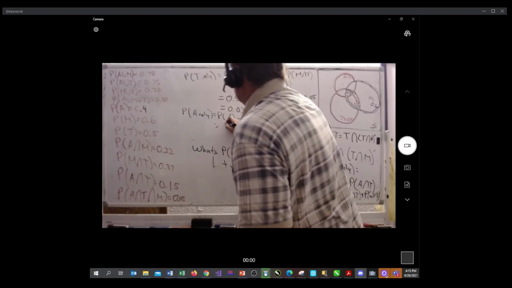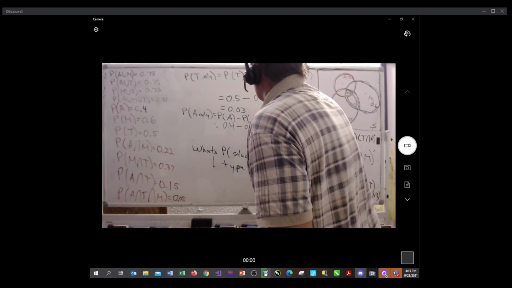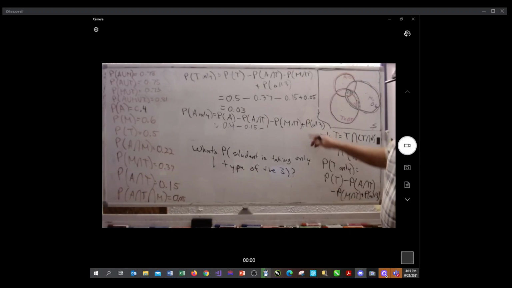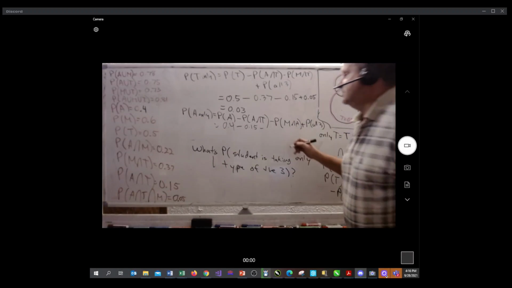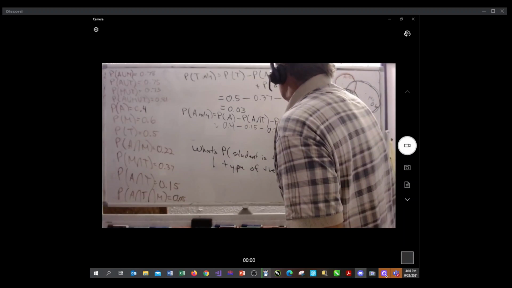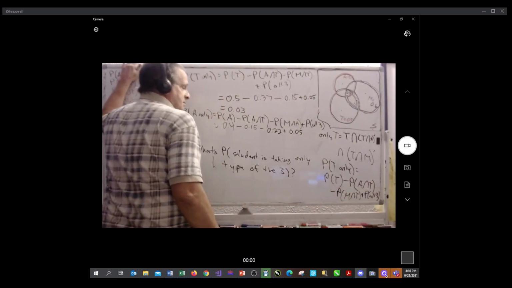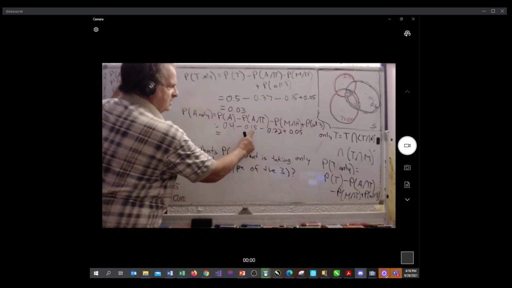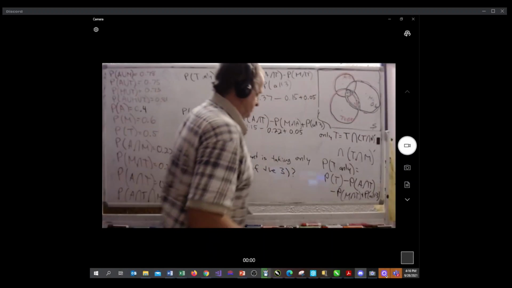What's A? 0.4? Minus A intersect T, what's that? 0.15? Minus, what's M intersect T? No, M intersect A, I'm sorry. What's M intersect A? 0.22? Yes. Plus 0.05. What do I get? 0.08, is that right? 0.28, 0.3. Yes, no?